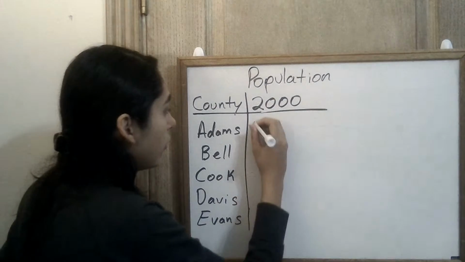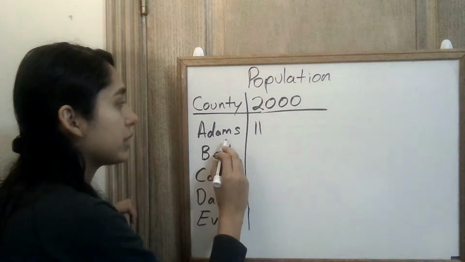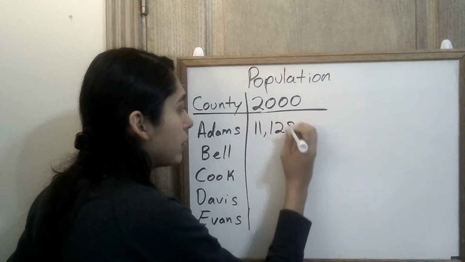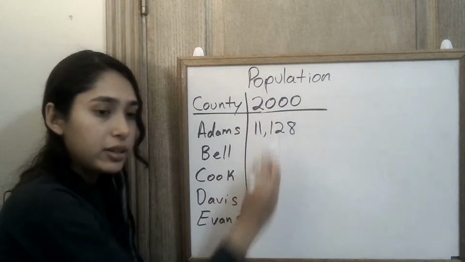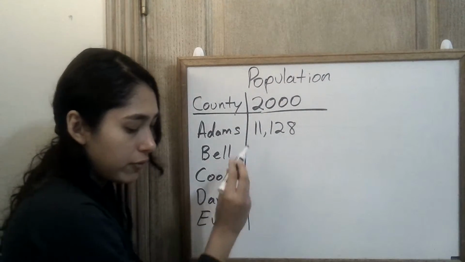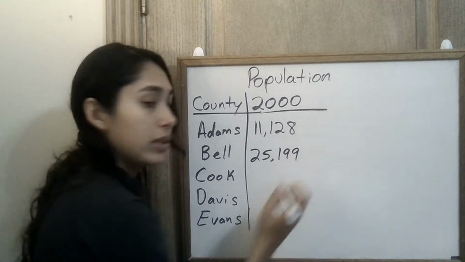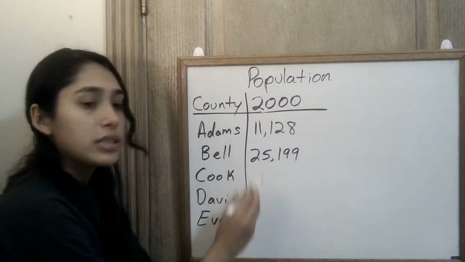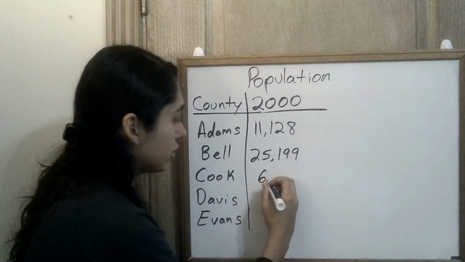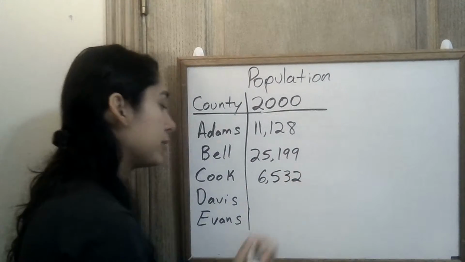Yeesh. So the population in the year 2000 in Adams County was 11,128 people. In the same year, because we're still talking about the year 2000, Bell County had 25,199 people living in it. Same year, in Cook County, we had 6,532 people living in it.